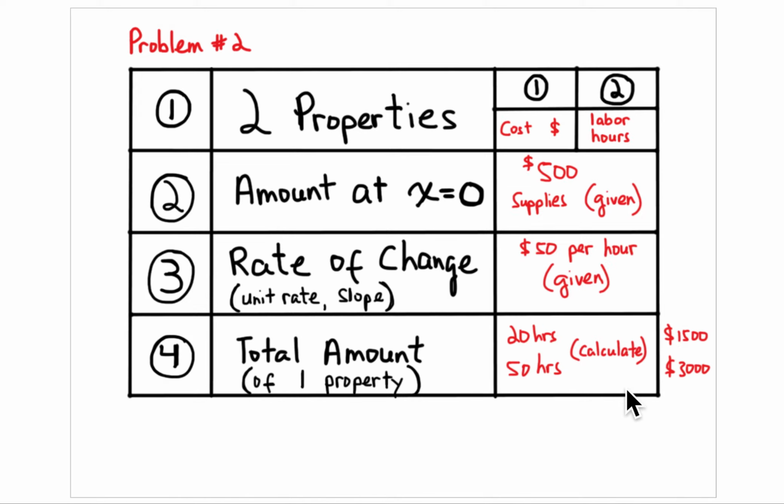In problem number 2, they give you the opposite information. So the 2 properties, again, are the cost and the number of hours worked. This cost, remember, is comprised of 2 parts: the cost of the supplies up front plus the cost of each hour worked.